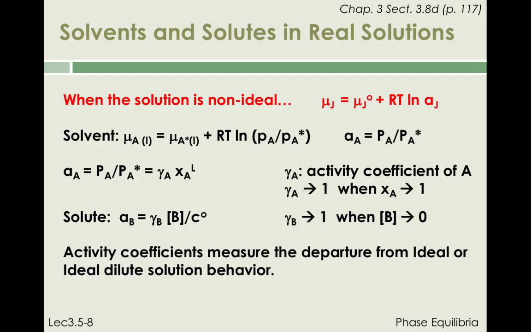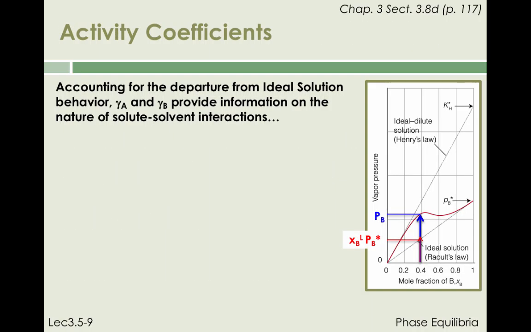In both cases, activity coefficients measure the departure from ideal behavior, ideal solution behavior for the solvent, and ideal dilute solution behavior for the solute. Actually, activity coefficients provide more information than just a measure of departure from ideal behavior. They provide information about the nature of the solvent-solute intermolecular interactions.